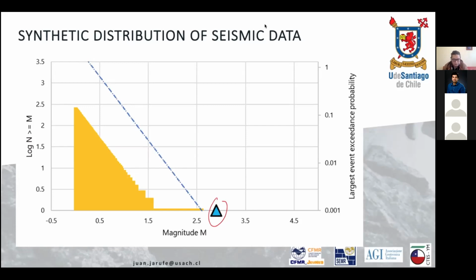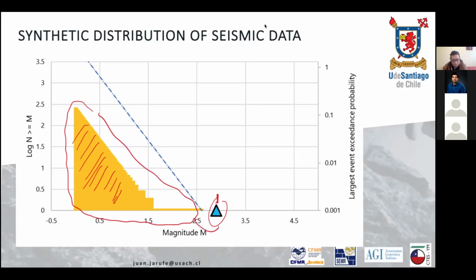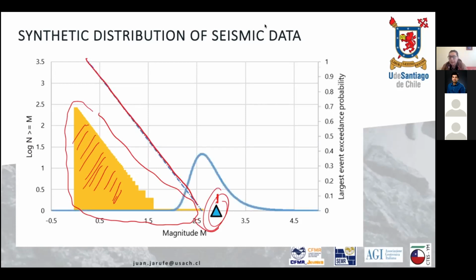Based on this magnitude, we get this synthetic data, where the deformation of all of this data is the same as the deformation of this single equivalent magnitude. And based on all of that, we can create this synthetic distribution. And again, we can use equations that already exist to calculate the distribution of the maximum magnitude.